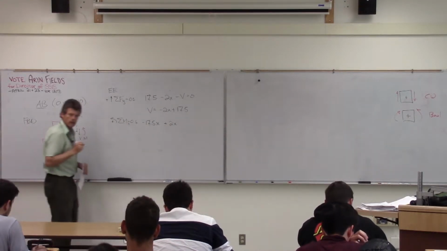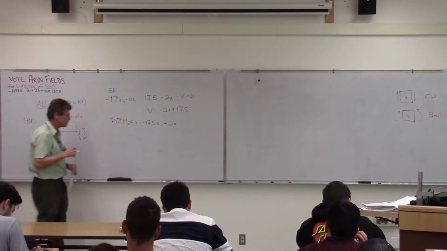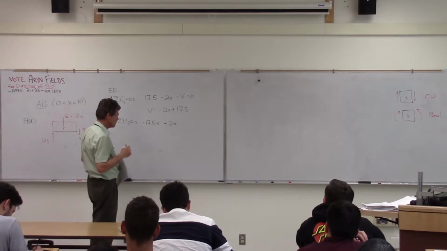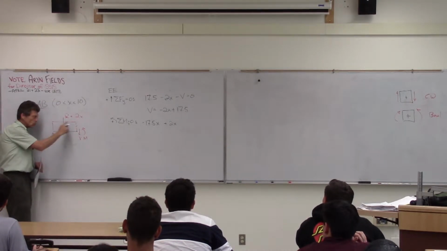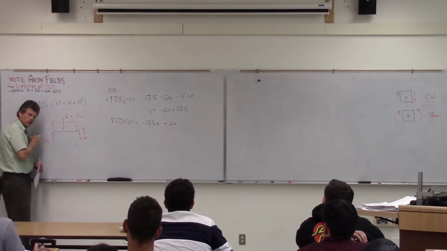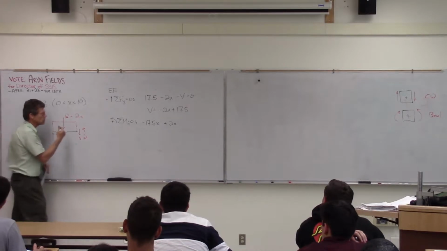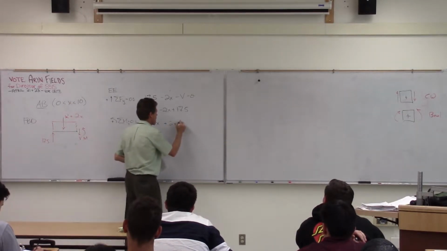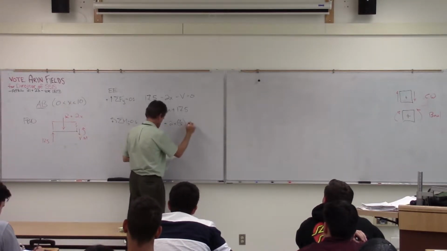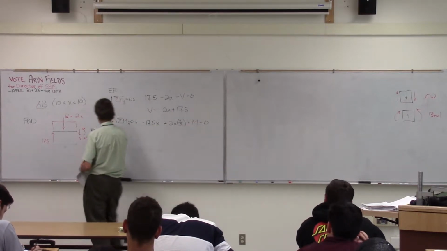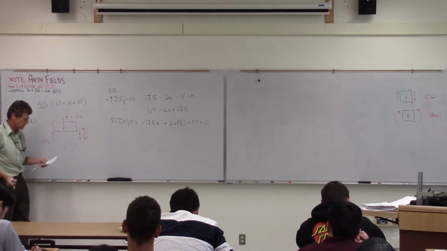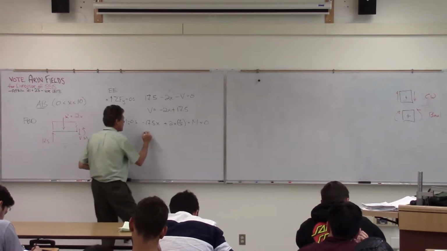And what's the moment arm to that? I'm here, and it's going to be acting through the centroid of a rectangular area, x over 2. And then don't forget our variable m, and that's shown in a positive sense there. So when I get done with that, I plug in.